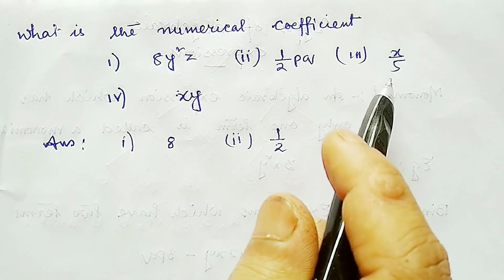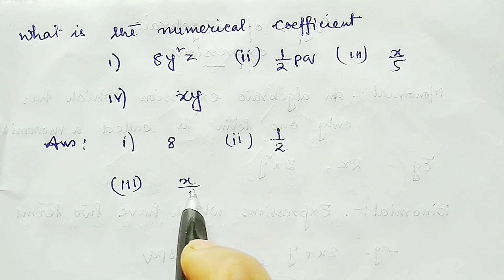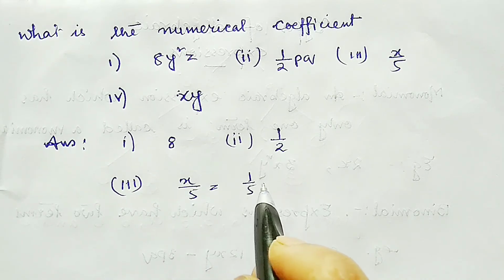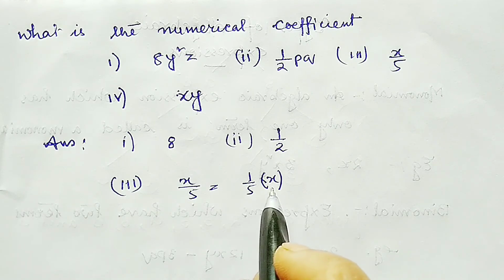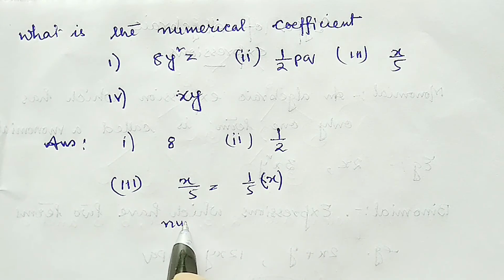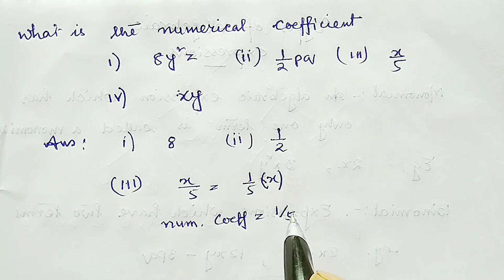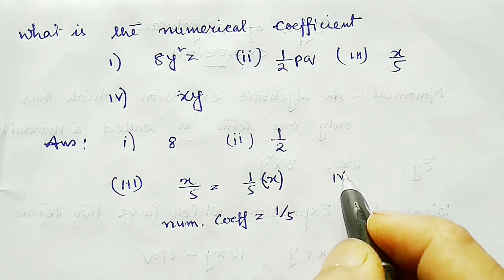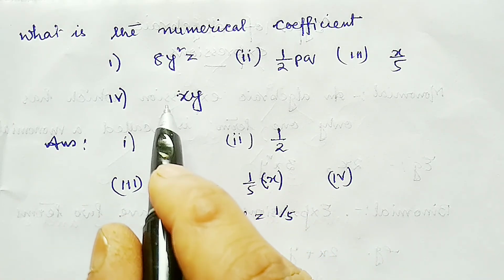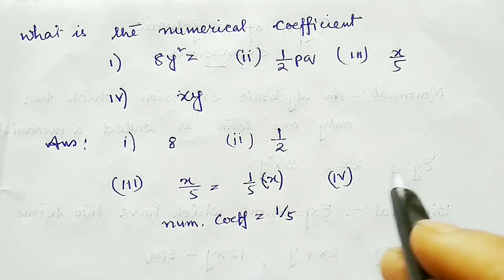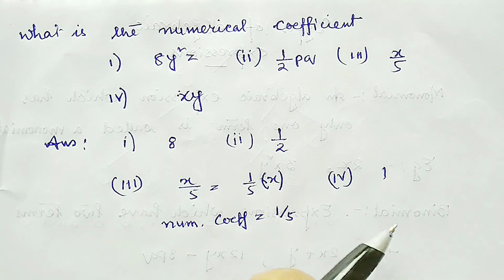In case of number 3, x by 5, we can consider 1 by 5 into x. You can think like this, 1 by 5 into x. So the numerical coefficient will be 1 by 5. And in number 4, it is xy. Since no number is there, the coefficient is 1. So the numerical coefficient of xy is 1.